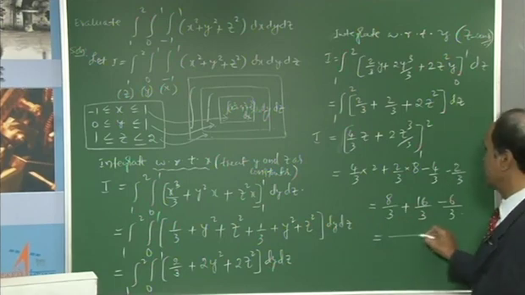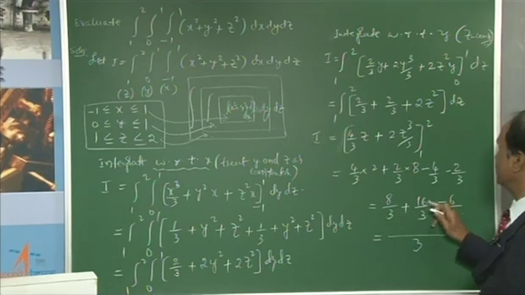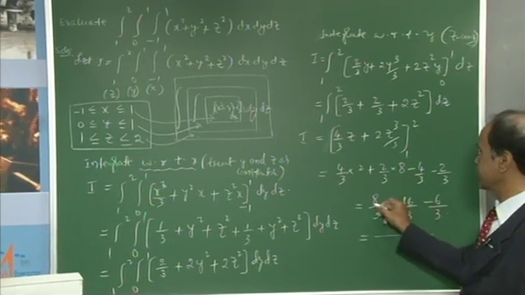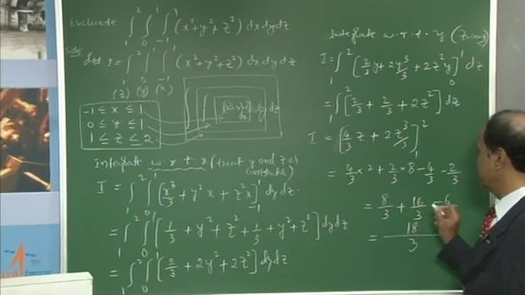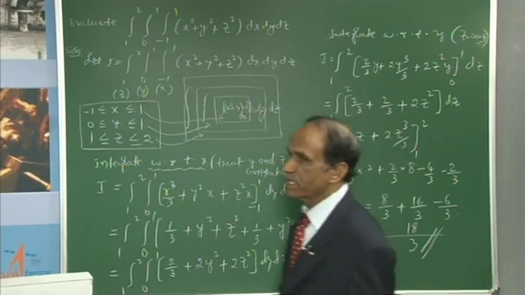That is, 3 is the LCM, 8 plus 16, that is 24. 24 means here you can take 18 with plus sign. So, 18 by 3 is your final answer.